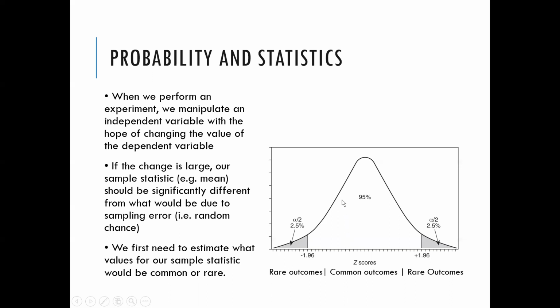If we imagine bars under this curve, they correspond to the relative frequency of an observation. In this case, it's the probability. So this white area actually corresponds to 95% of the area under that curve.